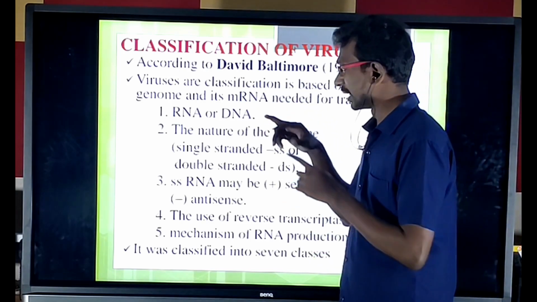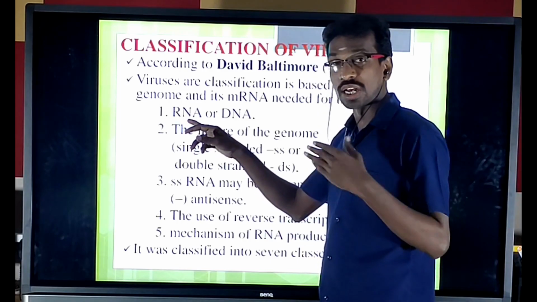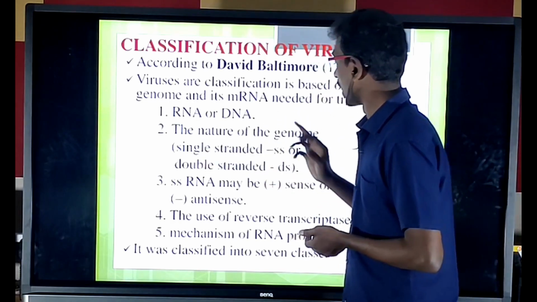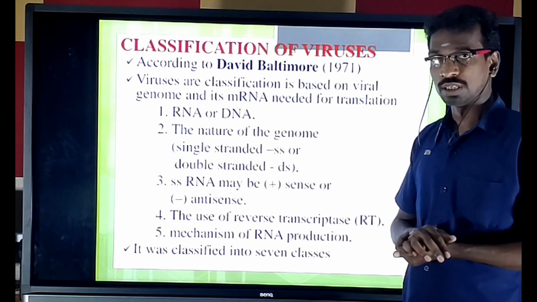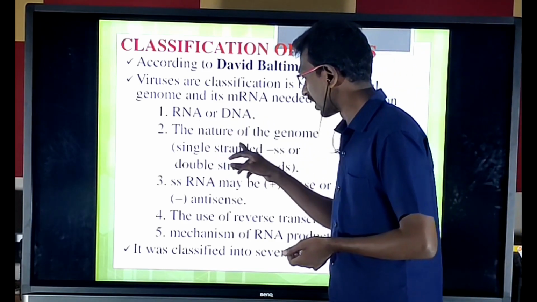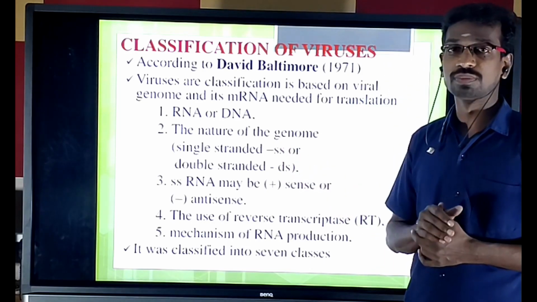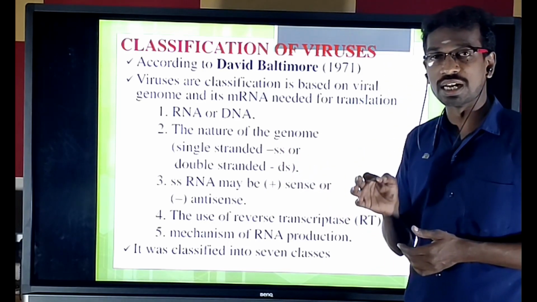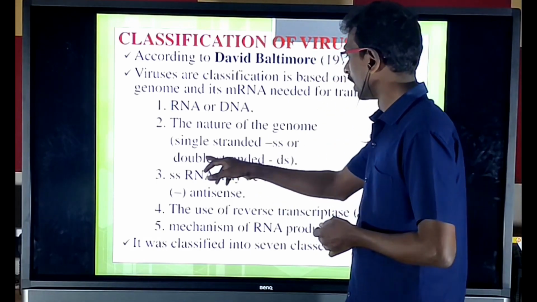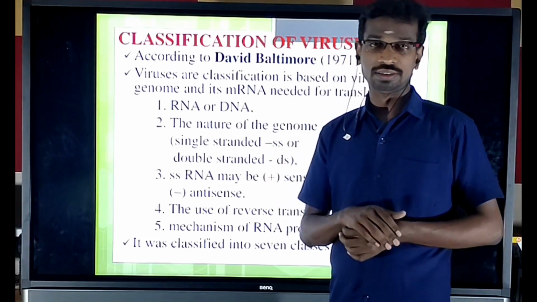So David Baltimore classifies viruses based on whether it is an RNA-containing virus or a DNA-containing virus, and then the nature of the genome, whether it is single stranded, that is ssRNA or ssDNA, where SS means single stranded, or double stranded, dsRNA or dsDNA.